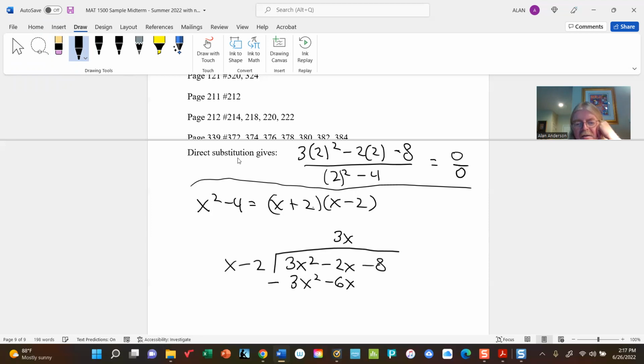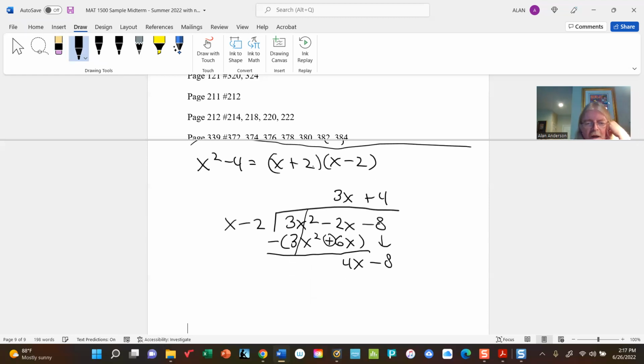Now I have to subtract that entire expression. Be super careful with the signs. These drop out, this becomes positive, and I end up with 4x. I bring this one down. Now let's try 4. 4 times x minus 2, oh my God, it worked.